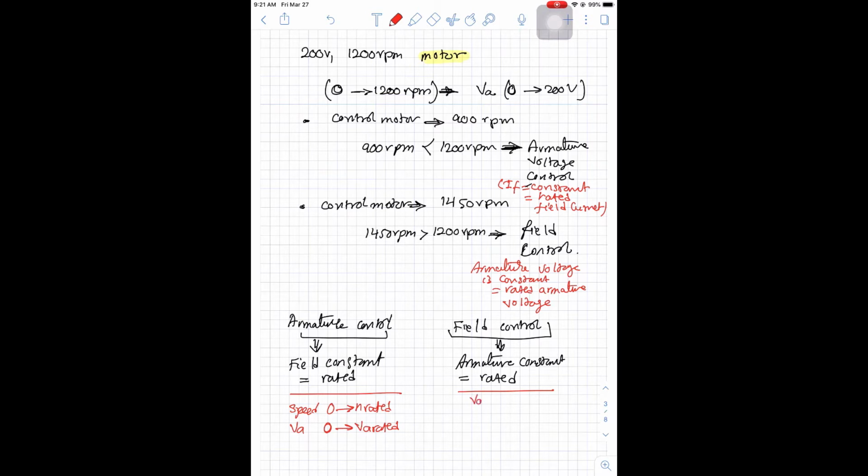In this case, V armature will equal V armature rated, and you will start to play with the field current. The field current will change from I field rated to 0, which will give you speed from N rated and can go theoretically up to infinity. And these are the two types of speed control we have for DC machines.